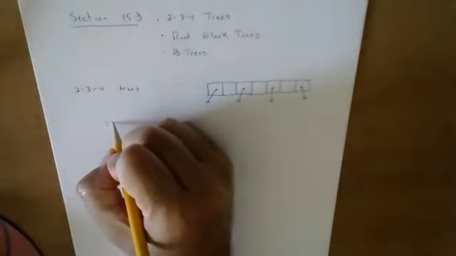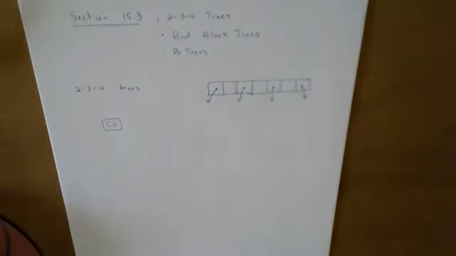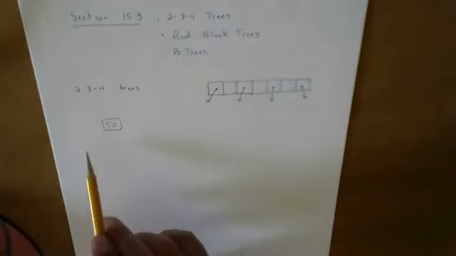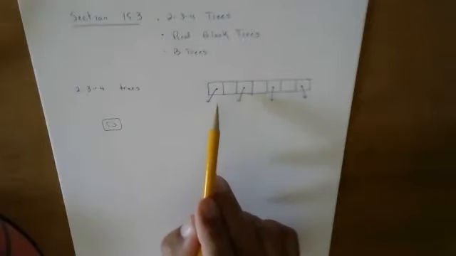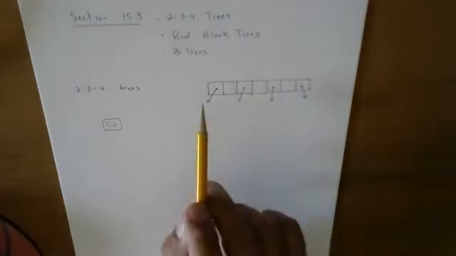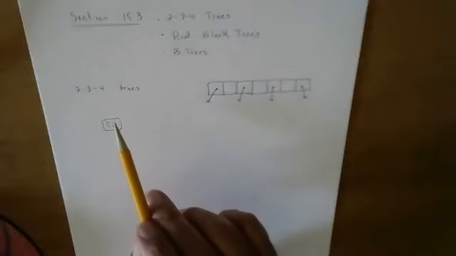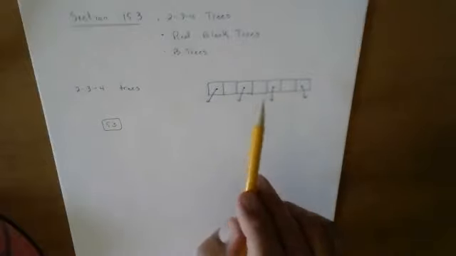So 53 is going to go in a node all by himself, sitting at the top, pointing to all 4 nulls. These guys would all be nulls because when I start, I create a node to insert an item.